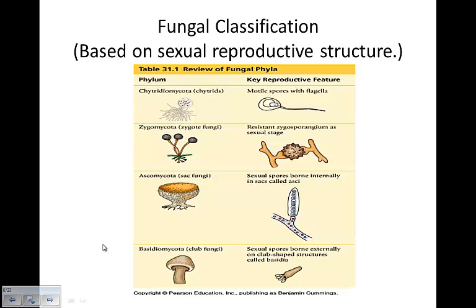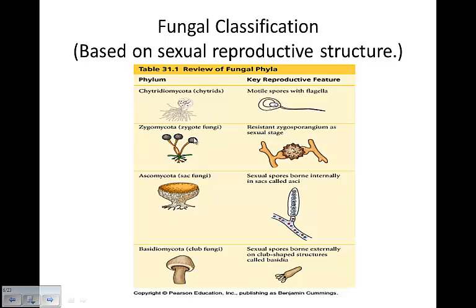All right, fungus classification. Most of them are classified according to the sexual reproductive structure that they produce. So whatever structure they have, they're classified with that. There are 6 major phyla. Chytridiomycota, the sexual structure is the chytrid, sorry, I totally said that wrong. They produce these flagellated spores called zoospores, and they look like sperm in the animal kingdom.